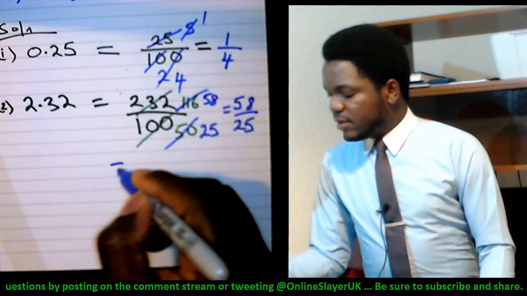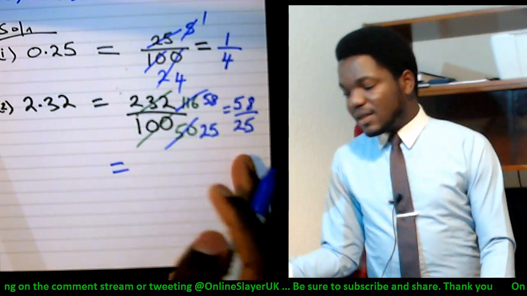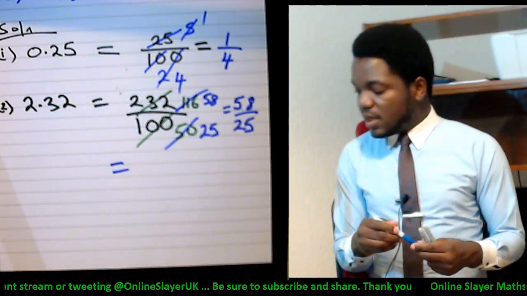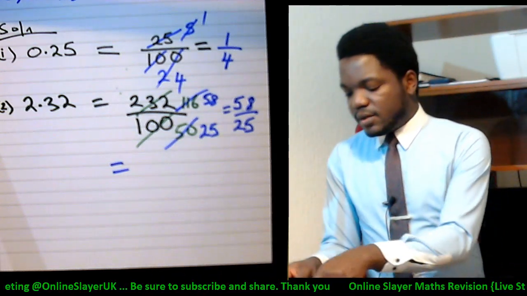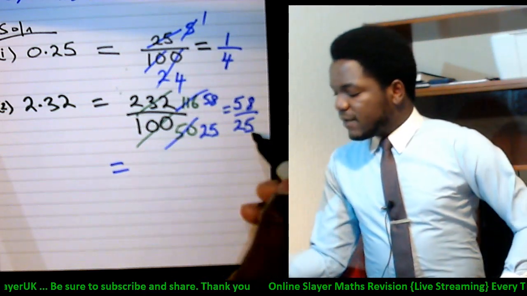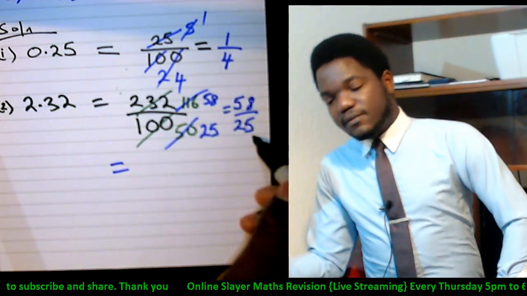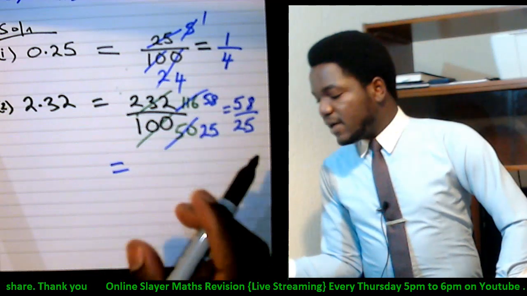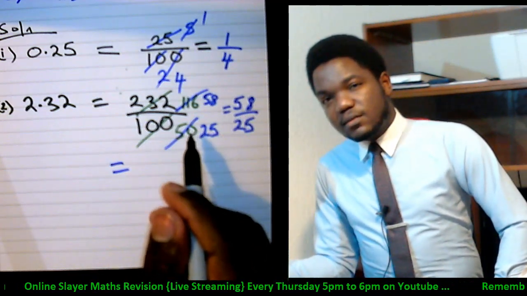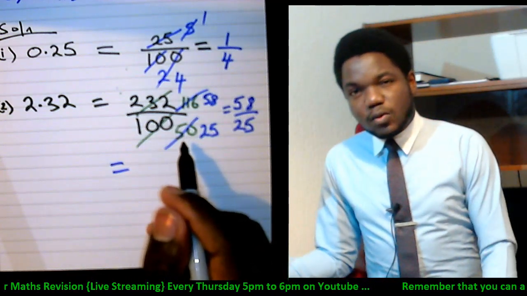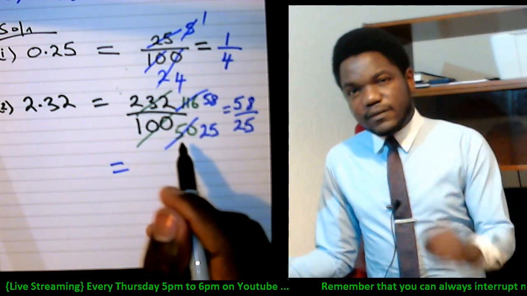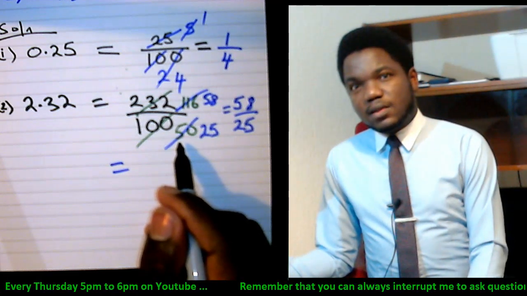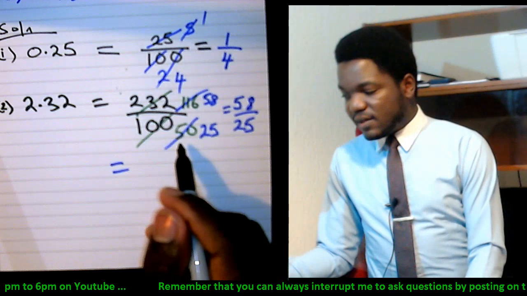But like I told you, it's not good to leave your answer in this improper fraction state. So if we carry on, we're going to have to divide 58 by 25. How many 25s do you have in 58? 1 25 is 25. 2 25s is 50. That seems like we've almost taken everything out of it.